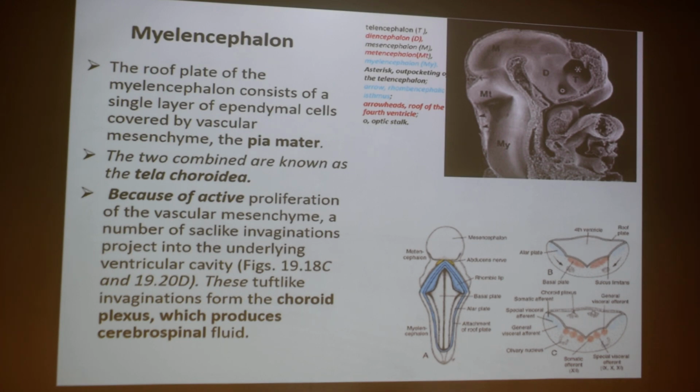So the roof plate of the myelencephalon is going to give rise to the ependyma, and then there is a layer of pia mater which is vascularized. As it is going to bulge together, these two layers are going to give rise to the choroid plexus of the fourth ventricle.